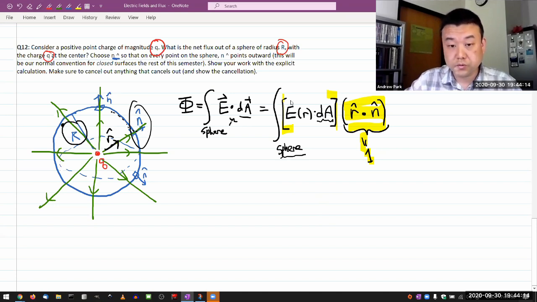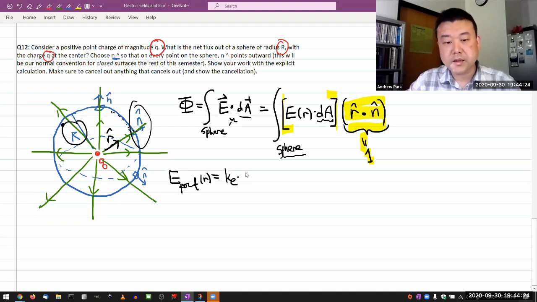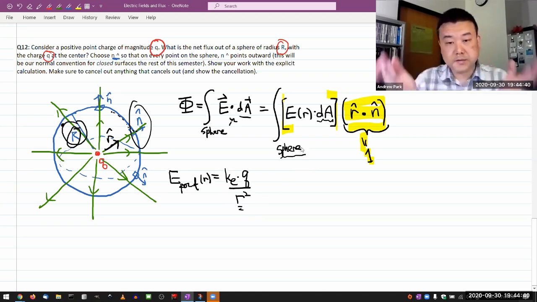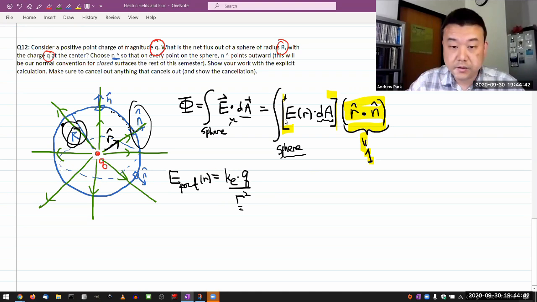You know from Coulomb's law that the electric field of a point charge is the Coulomb constant times the point charge q divided by r squared, which means on the sphere, this distance r is not changing. So over the surface that you're integrating, this electric field is constant. I can pull it out of the integral. That's the simple thing to do. So let me do that.